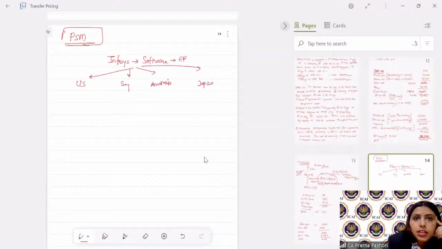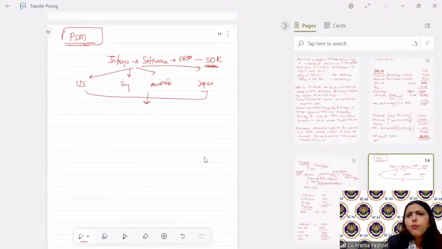This is an ERP which will be used by all the companies globally. Now this software costed say rupees 50,000. Some hypothetical example, right? And since all of these companies are going to use this software, what Infosys will do is it will allocate this 50,000 amongst these companies in some ratio, because why Infosys India only should bear the cost when it is to be used by all the companies globally?